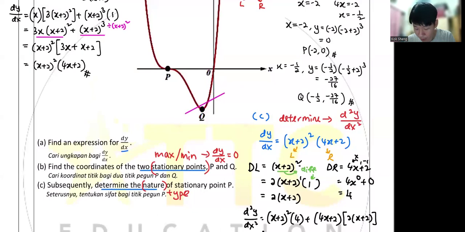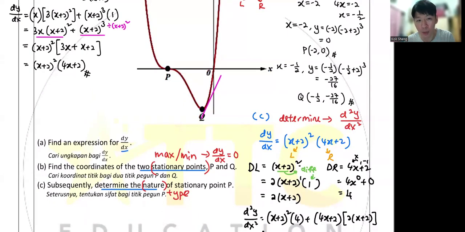For minimum point, starting going down, and then slowly when it reaches the minimum point, it becomes straight, and then continues going up. So this is a minimum point.